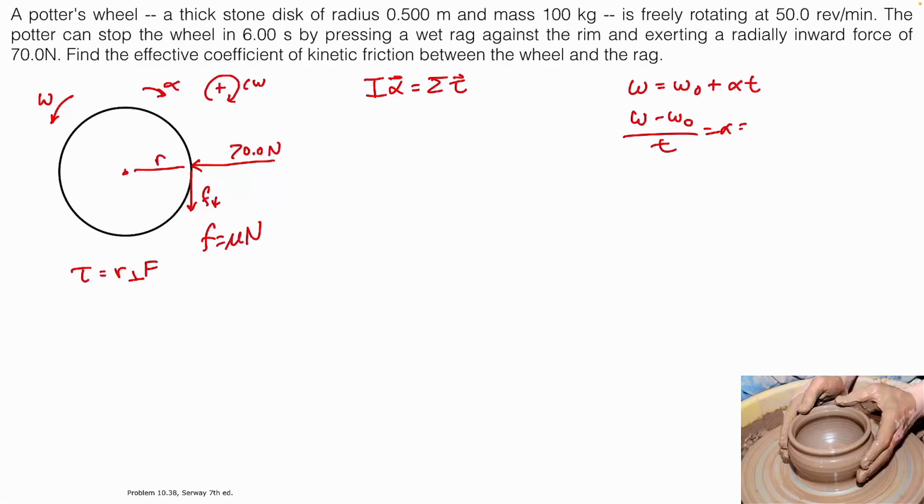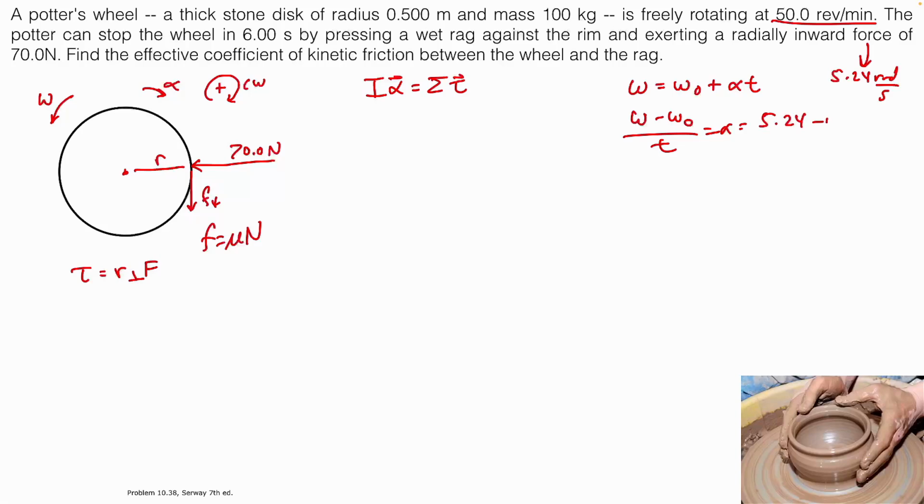You gotta convert that. Can this problem get any worse? Do I even have this one written down? Yeah, I do. 50 revolutions per minute is equivalent to 5.24 radians per second. I'm going to save time by not showing you how to do that, because I've shown you a lot.